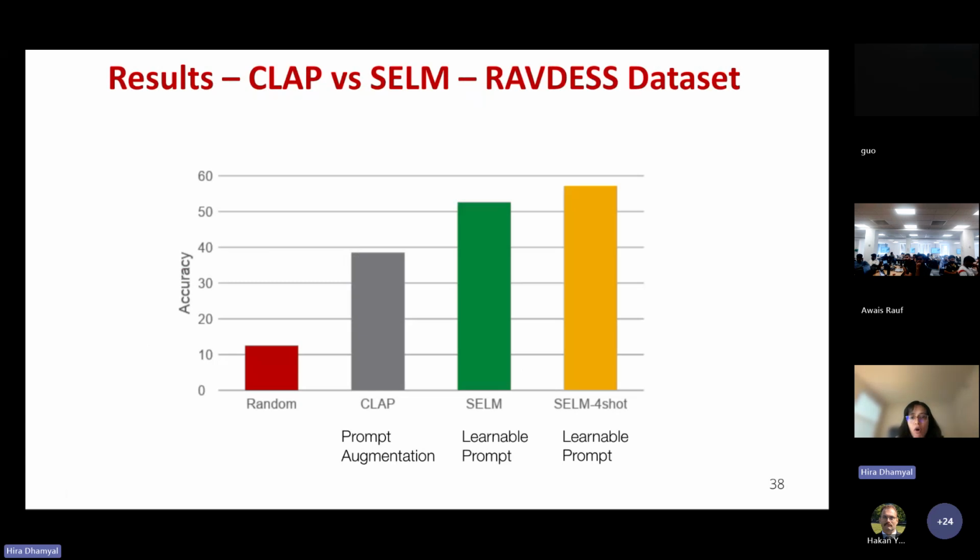So this is a recap of the CLAP versus SELM performance on the RAVDESS dataset. These are the numbers that we have just seen, but just showing them again. On the x-axis, we have random, CLAP, SELM, and SELM 4-shot, and we see a steady improvement in the accuracy of the speech emotion recognition task.